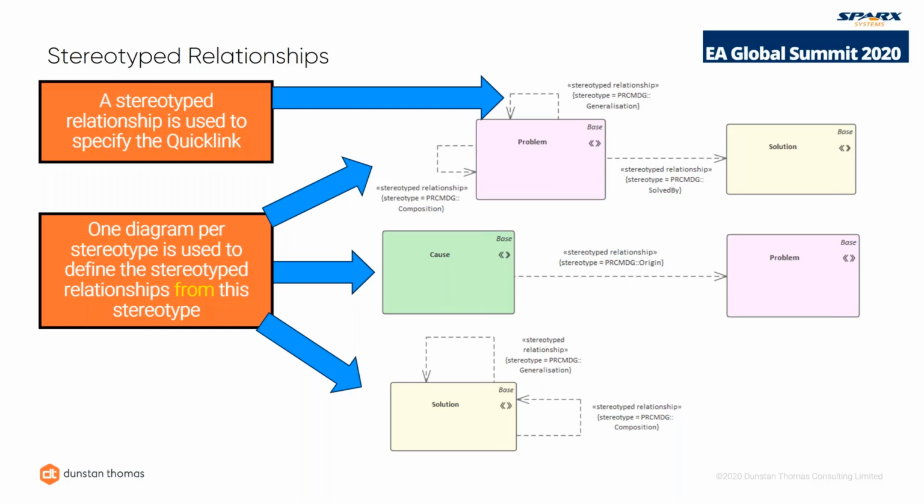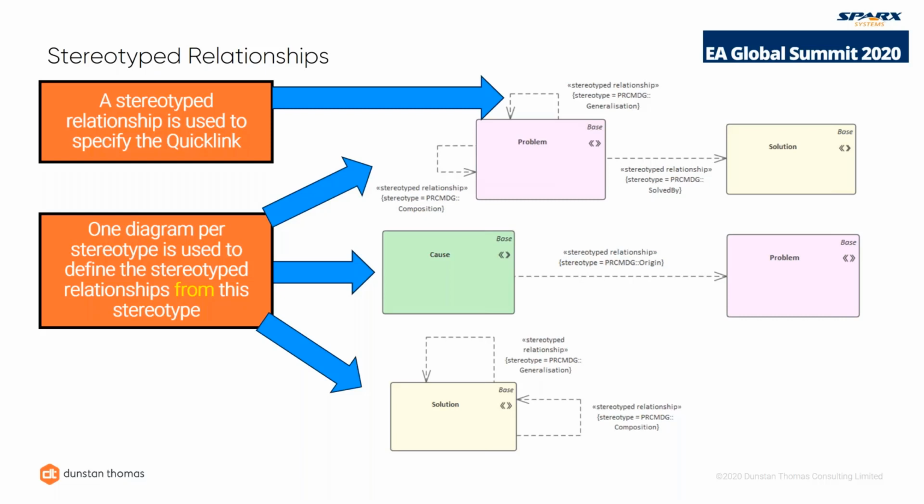Now, you notice the comment I've just highlighted on the PowerPoint slide. You can create one gigantic great diagram of all of your elements and all of your quick link rules. However, even in this very, very simple example, I've got one diagram per quick link.